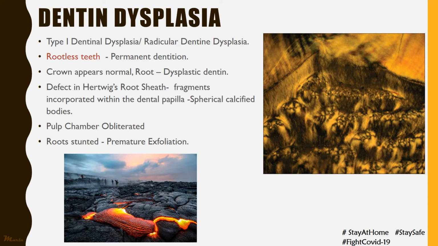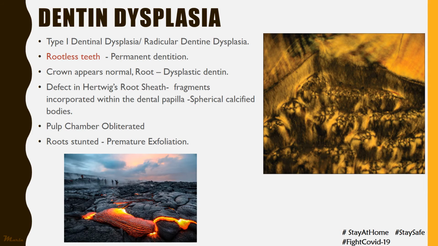This is what we refer to as dysplastic dentin. Because of this characteristic appearance of globular calcified areas, it is sometimes referred to as lava flowing around boulders appearance. So this is a characteristic appearance of type 1 dentin dysplasia and should be remembered.